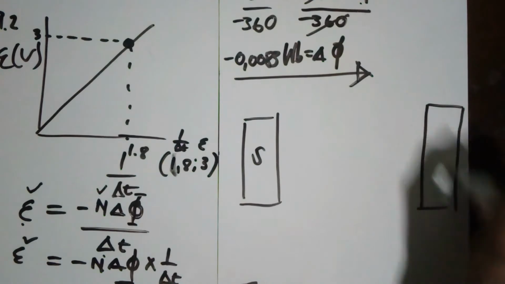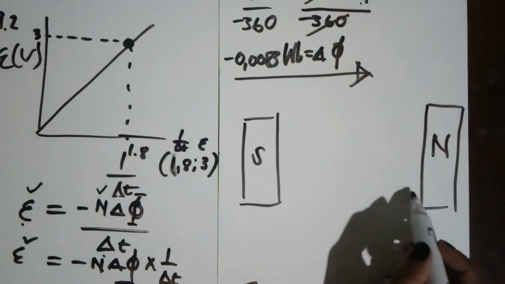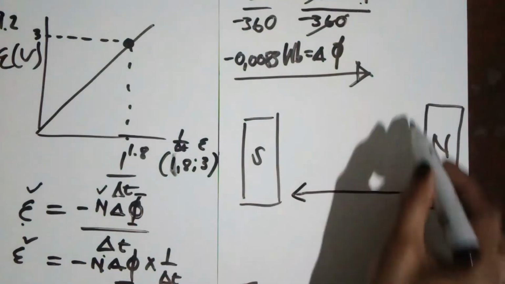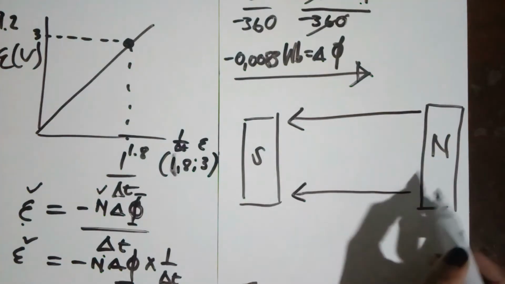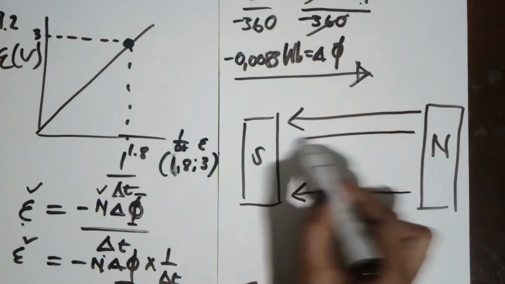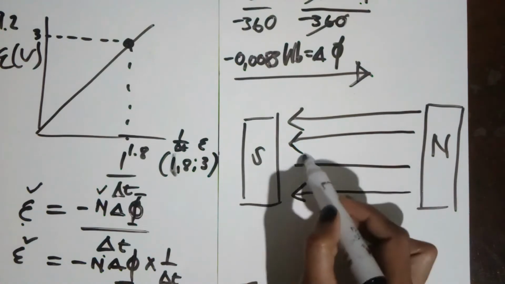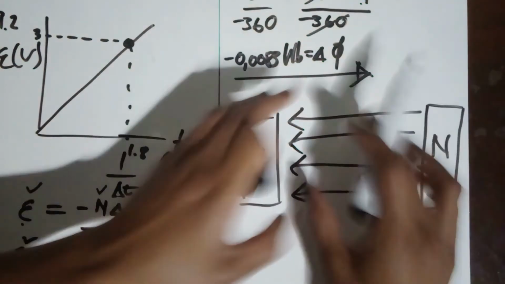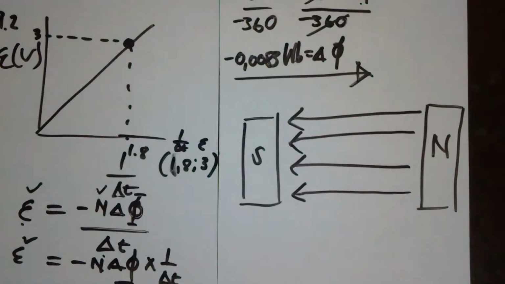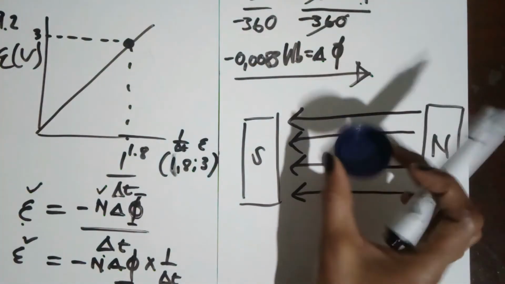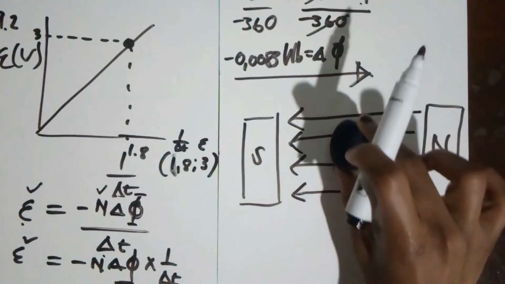There's your north pole, and we said those lines will always emerge from north pointing south, your magnetic field lines, right? Inside this magnetic field, you have a coil. So it's a round coil, and it's rotating, right?